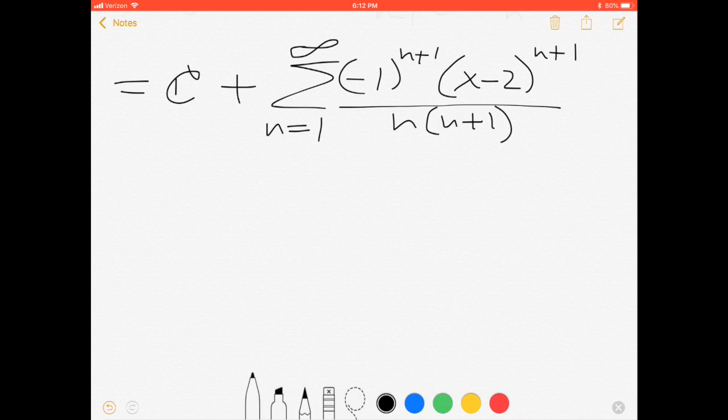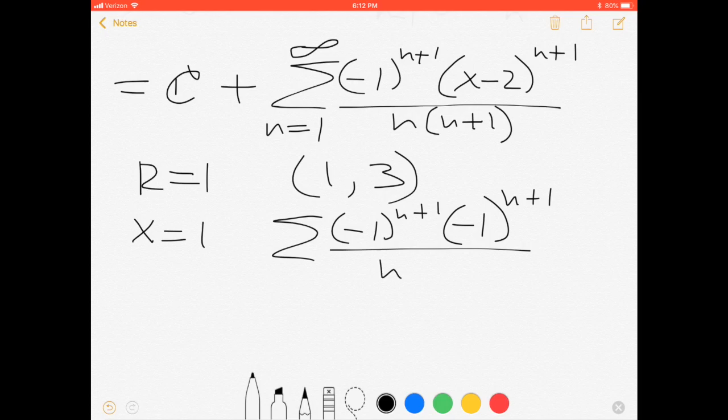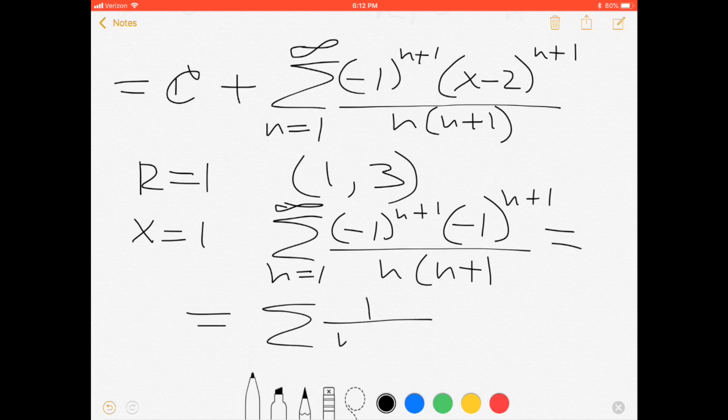And if you're looking at this series, R equals 1, we have the same 1 to 3, and we check x equal 1. You have the series negative 1 to the power n plus 1 over n times (n plus 1), starting from 1 to infinity. And this is exactly the series 1 over n times (n plus 1).